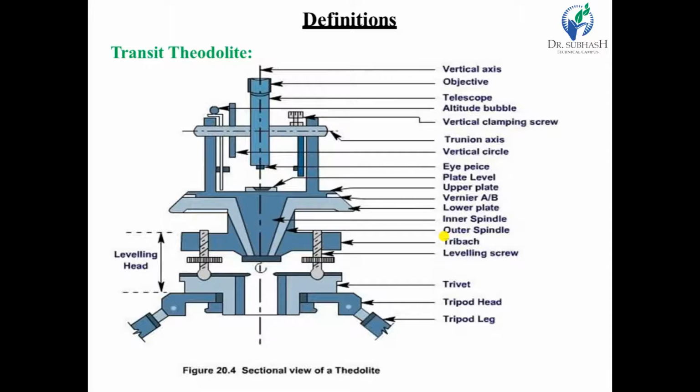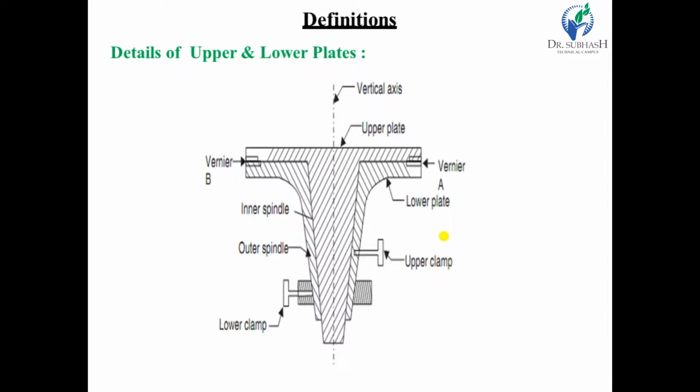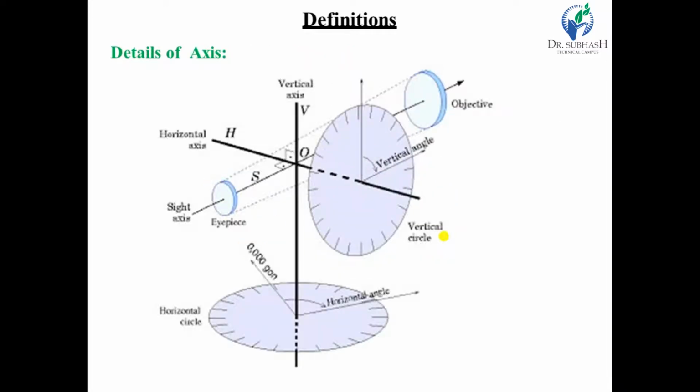The tripod head is the base of the tripod on which the theodolite is fixed. Next thing is the tripod leg. The tripod leg is the portion of the tripod that can be used for fixing the instrument on the ground.